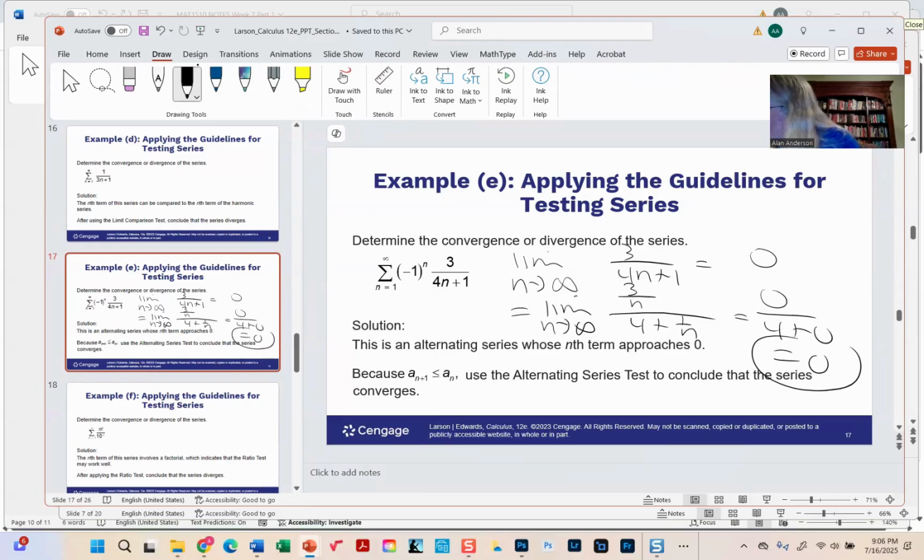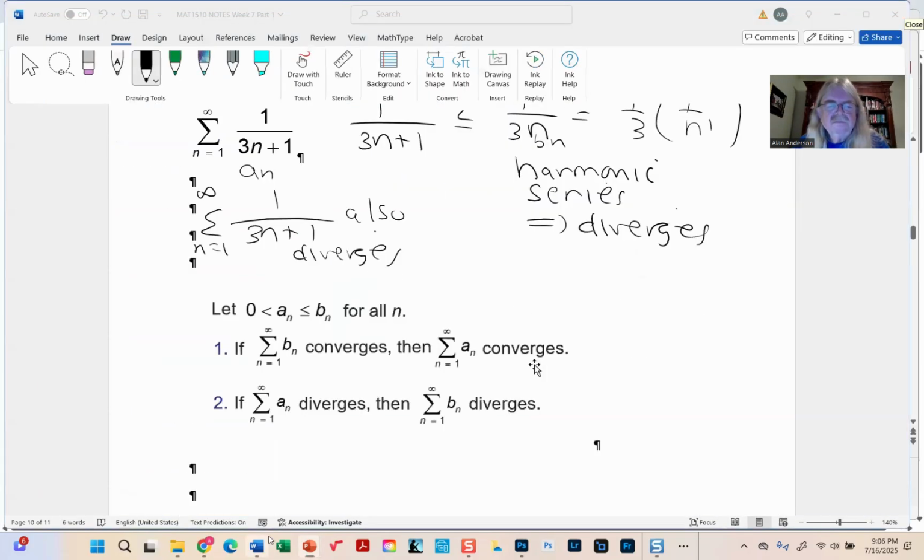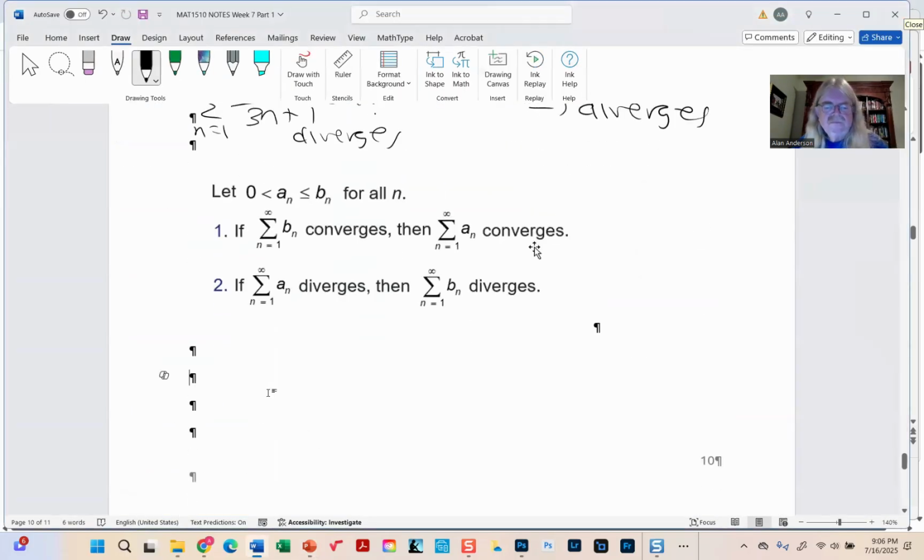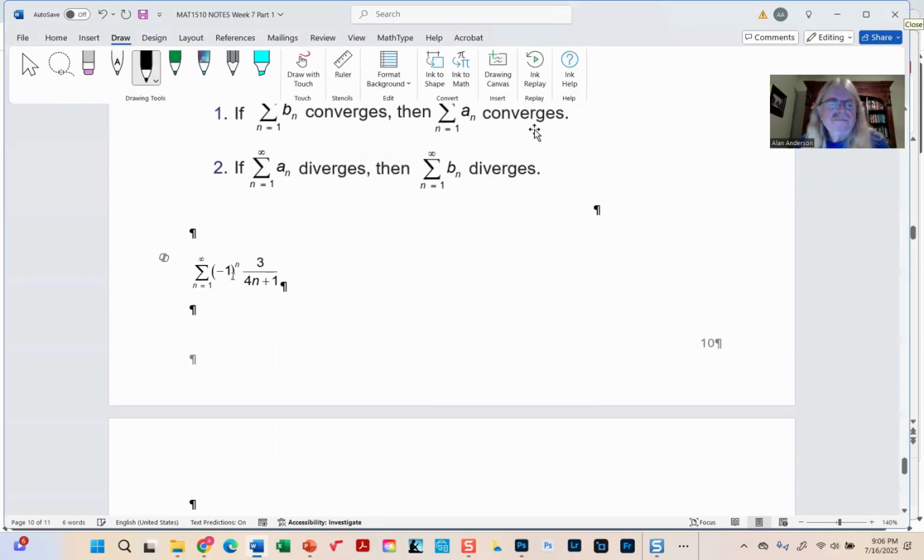So, and in addition to that, it should be clear that, actually, let's copy this into the notes for a second. So we know that the limit is 0. The limit of the nth term is 0.